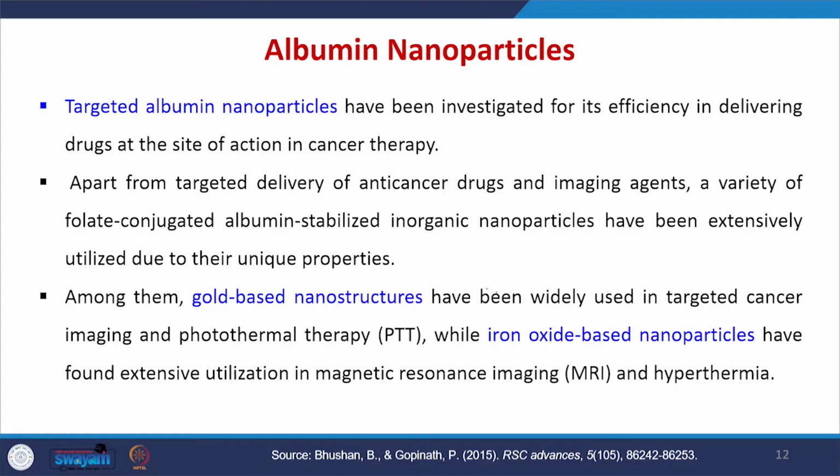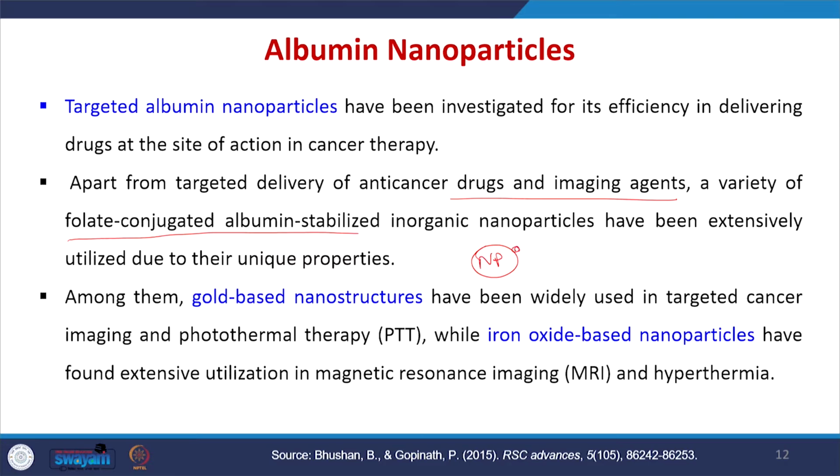Based on the success of Abraxane, various research groups developed tumor-targeted delivery of anti-cancer agents and imaging agents. For example, we can target the drug and imaging agent specifically to breast cancer by conjugating the albumin nanoparticle with folic acid.